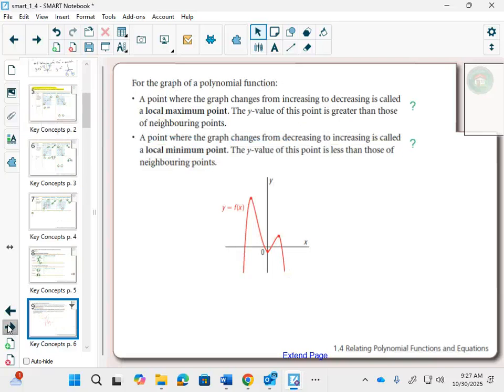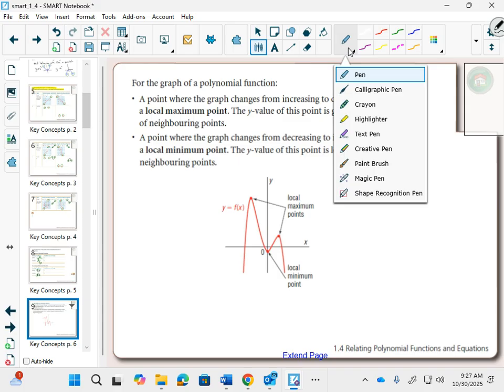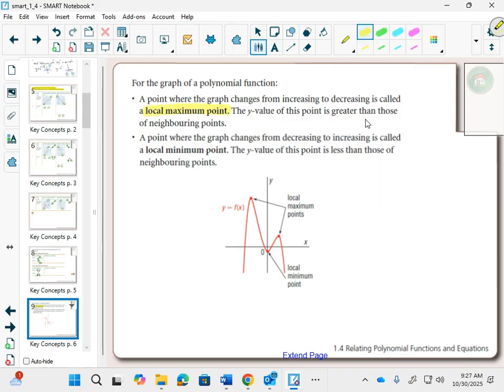Now when we graph these, oh, the next page. Just one more thing to highlight. There are something called local maximums and local minimums.